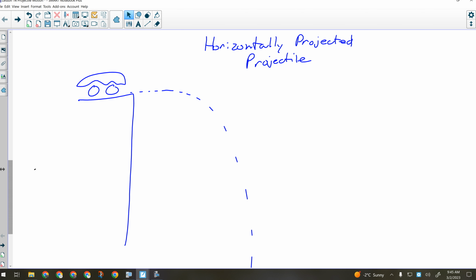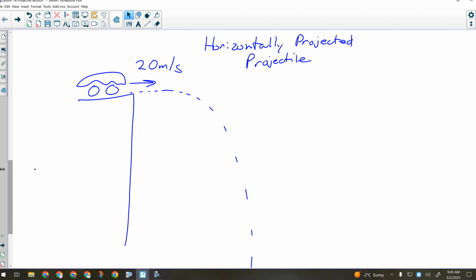I don't draw well. That's a car. Okay? It looks like a hamburger with eyes, but it's not. Okay. All right, so the hamburger with eyes, car, is going to drive off the cliff, and we'll say it's going to drive off at 20 meters per second. Okay.